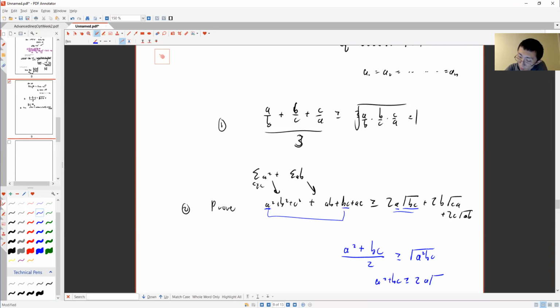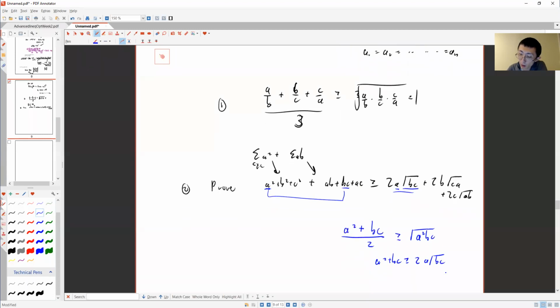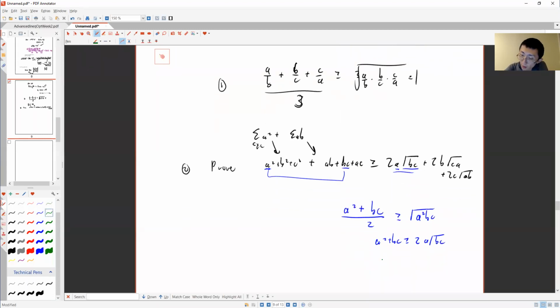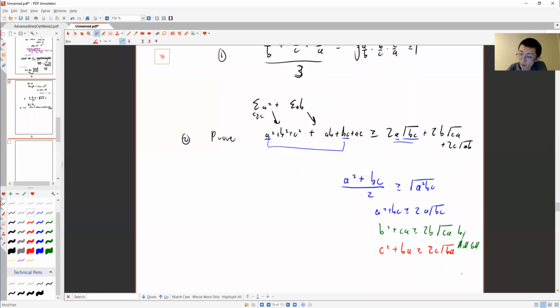Then we just do the exact same thing for the other triples by AM-GM. This kind of cyclic summing is very, very common in Olympiad inequalities. And then we just add these three, and we'll get the result.